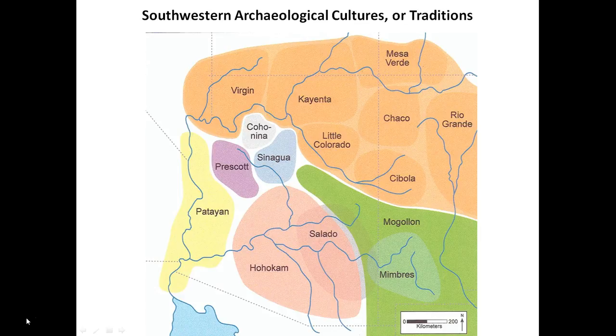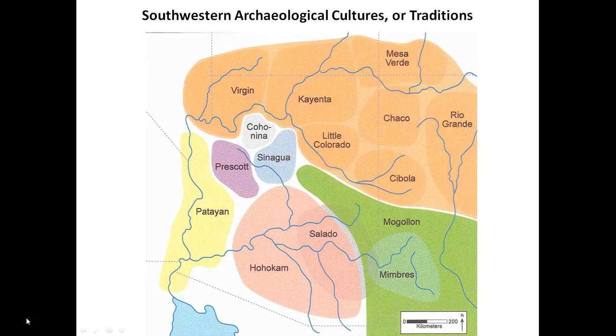But differences in the way that they made their pottery, differences in the houses that they made in these villages, differences in the way that they arranged their settlements across the landscape allow us to define these different cultural traditions, like the Hohokam here in the southern deserts, shown in pink, who lived in large dispersed villages and pit houses that were fairly shallow during the early period, and then above ground adobe compounds during later periods.